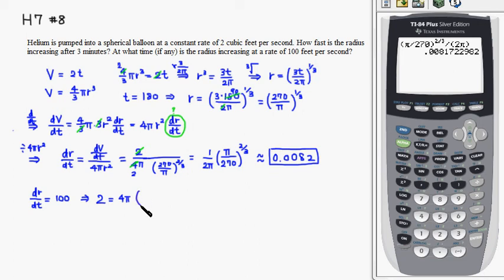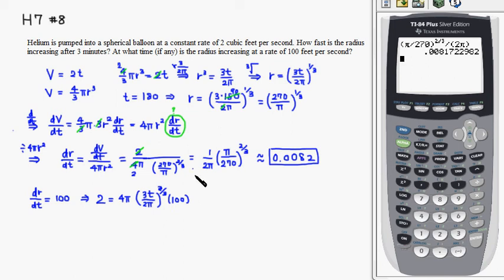It's going to be 3t over 2 pi raised to the 1/3 power, but we have r squared, so it's going to be the 2/3 power. Then dr over dt is given to be 100, so times 100 here. So here's an equation we need to satisfy. The only unknown is t, so we just have to solve for t.